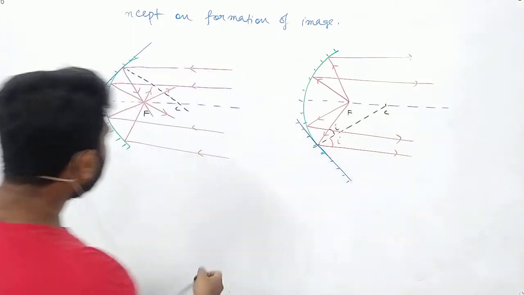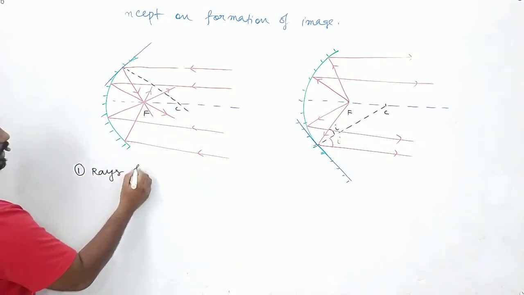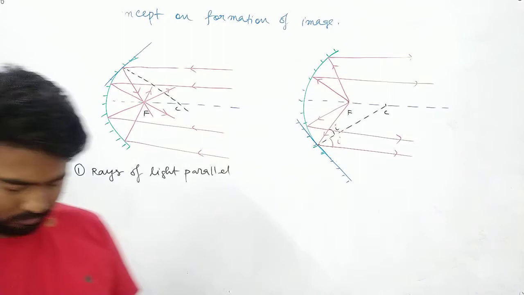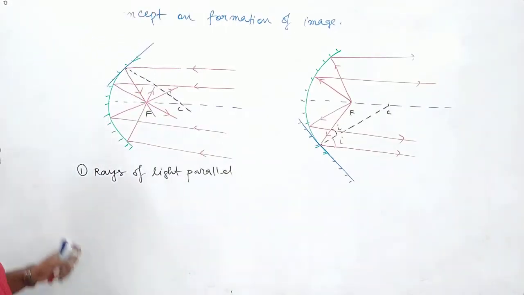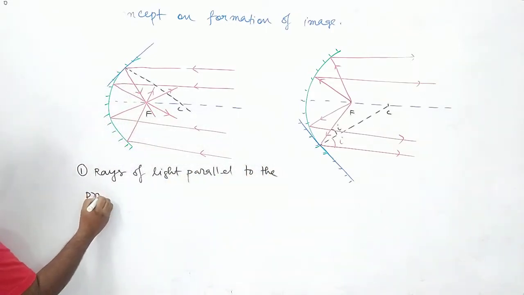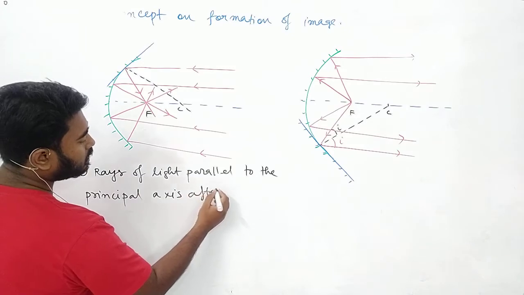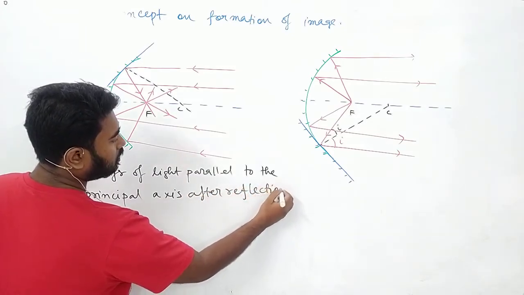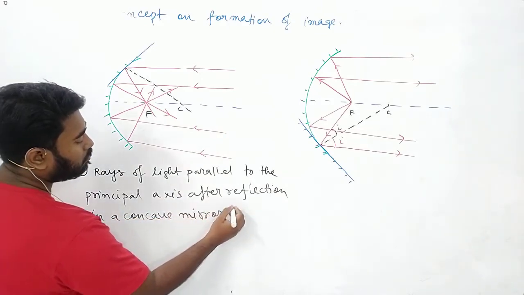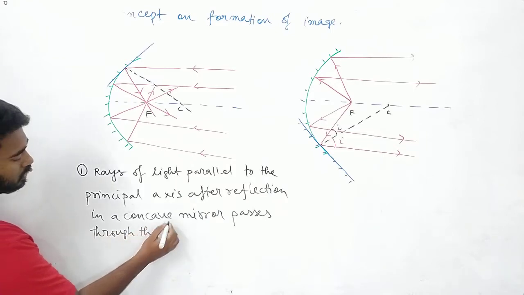That means we conclude two things. First thing is, rays of light parallel to the principal axis after reflection in a concave mirror pass through the focus.